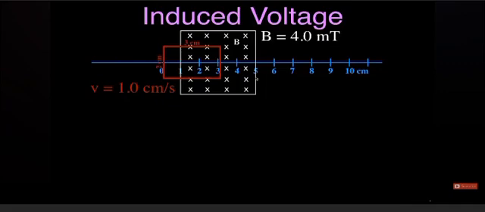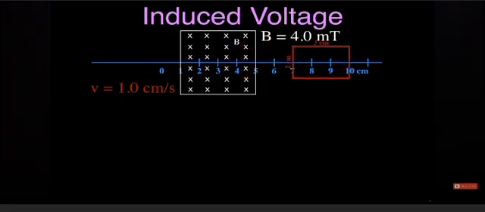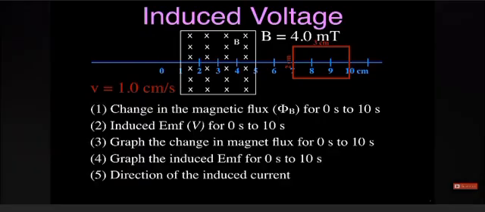So in this video, we're going to be following a coil which is going to be moving at 1 centimeter per second. So each centimeter it moves there is 1 second. That's the speed through which it's going to be moving through that magnetic field. And so we're going to be tracing the following: the change in magnetic flux, which is our phi, from 0 to 10 seconds.